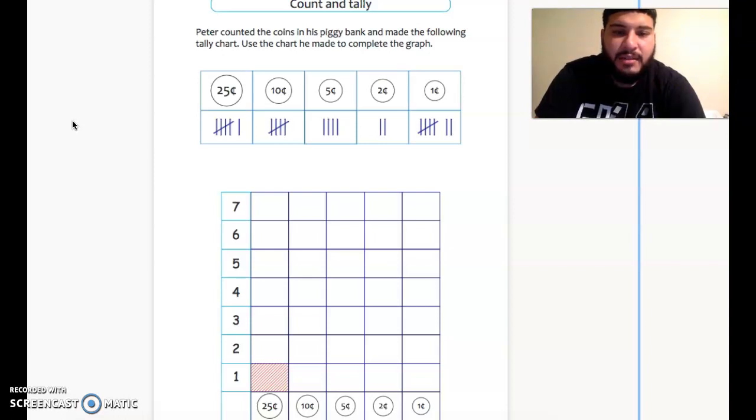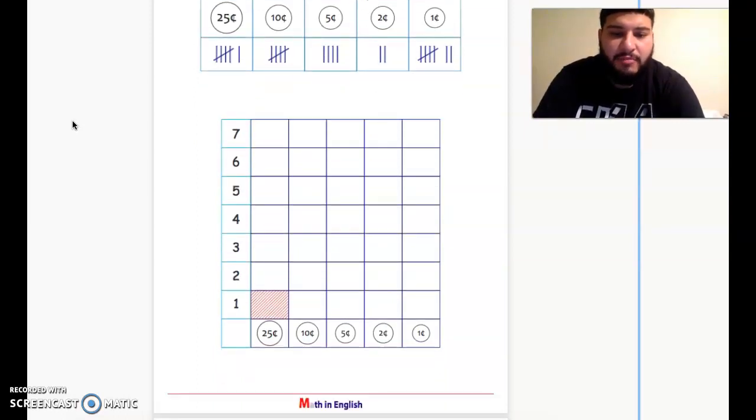He counted 1, 2, 3, and 4 5-cent coins. You continue on your own. Once you're done counting the coins, make sure to fill in the graph below.